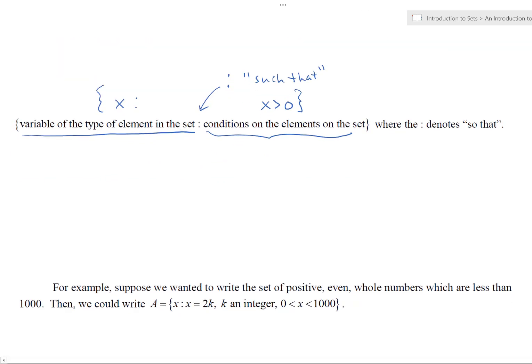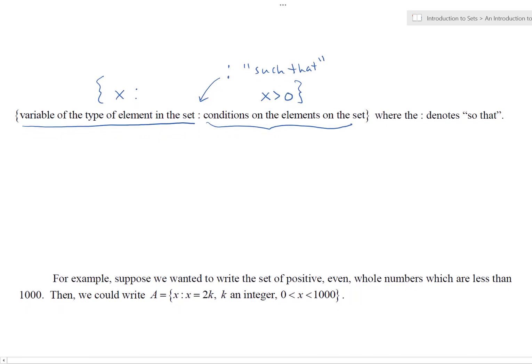And there's another example right down below. Let's say you want to write the set of positive even whole numbers which are less than 1,000. Then you could write the set in set builder notation.